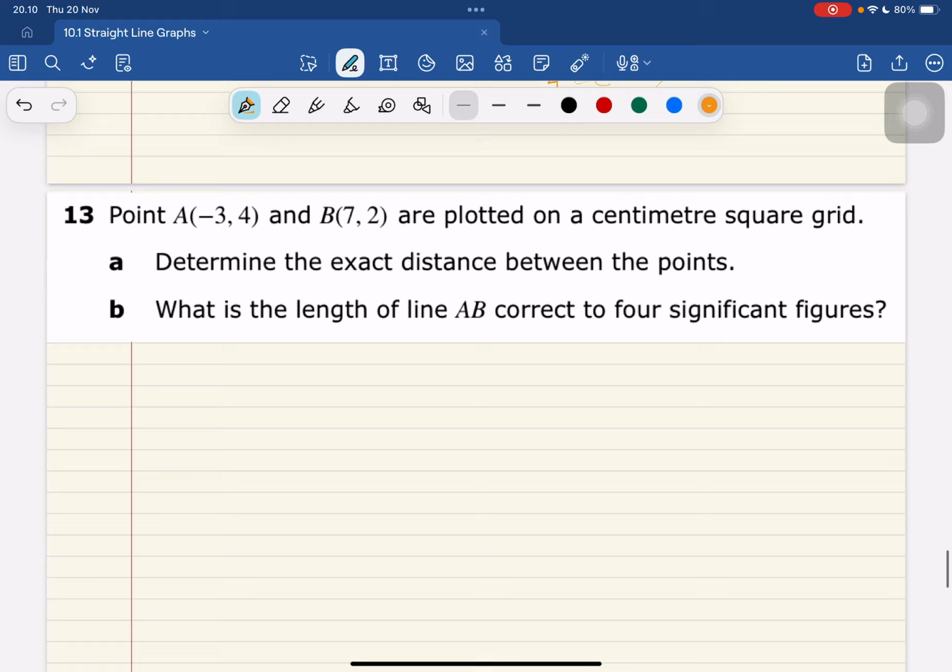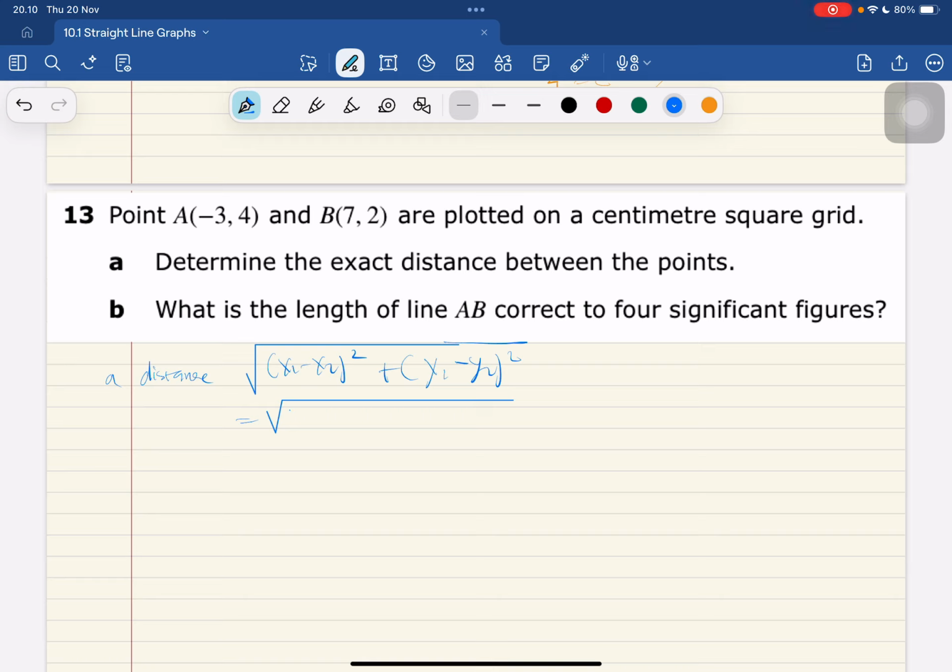Now determine the exact distance between the points. To find the distance between A and B, the distance is the square root of (x1 minus x2) squared plus (y1 minus y2) squared.